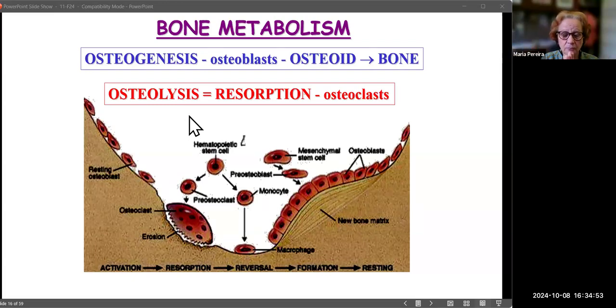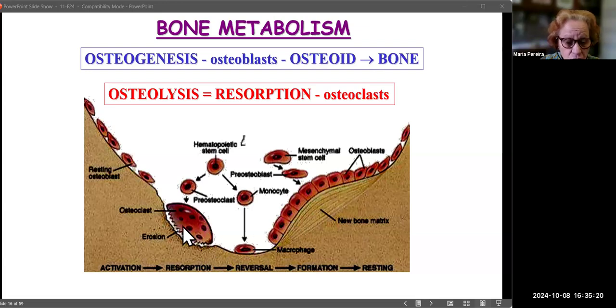So the breakdown of the matrix is carried out by osteoclasts by a process known as resorption. So here in this cartoon, you have the osteoblasts that line up very nicely, and they produce the osteoid. And over here, you have the osteoclast that is resorbing the bone tissue.